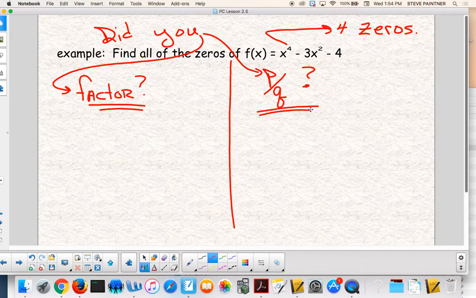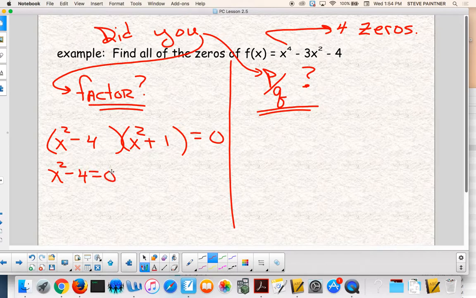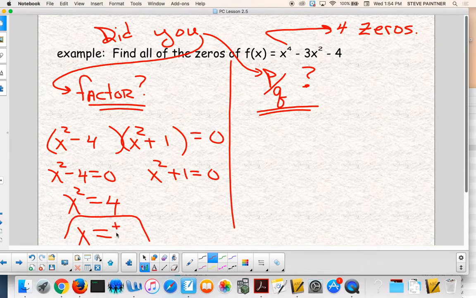It's just that what's faster? Factoring's faster. If you did factor this, guys, you got what? X squared minus 4. Okay. X squared plus 1. Okay. And then this is so nice because you can just set them equal to 0 and do what? Solve them. This one's going to be easy for you because it's just x squared equals 4, or better yet, x equals plus or minus 2.